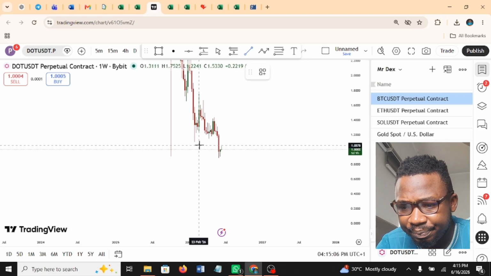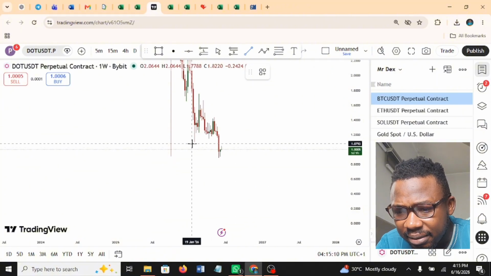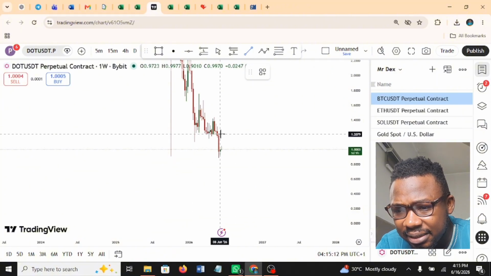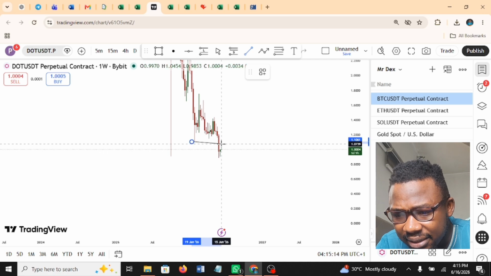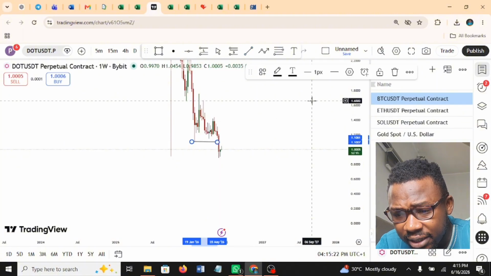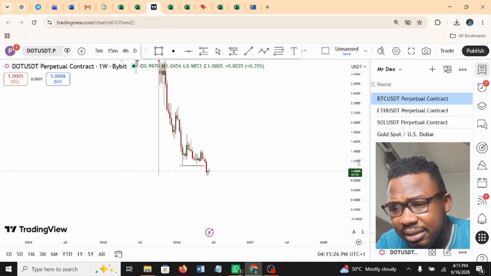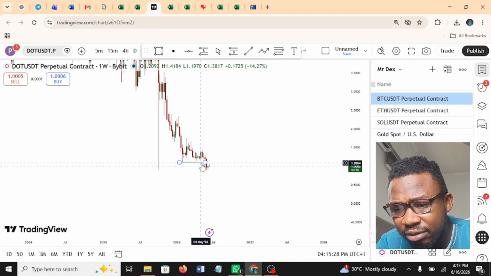Now this is on the weekly time frame. I see that price created this low. Yeah, we see that price broke structure to the downside. And in that case, price broke structure to the upside.